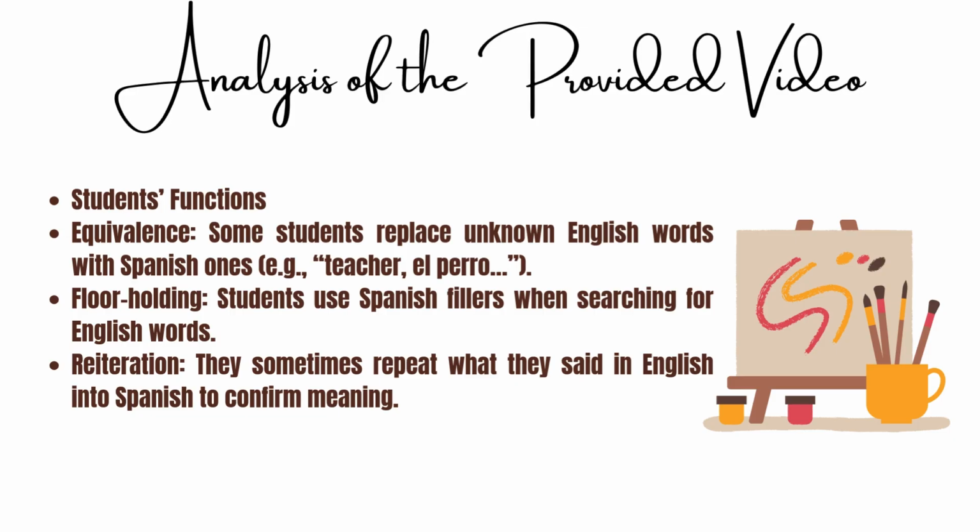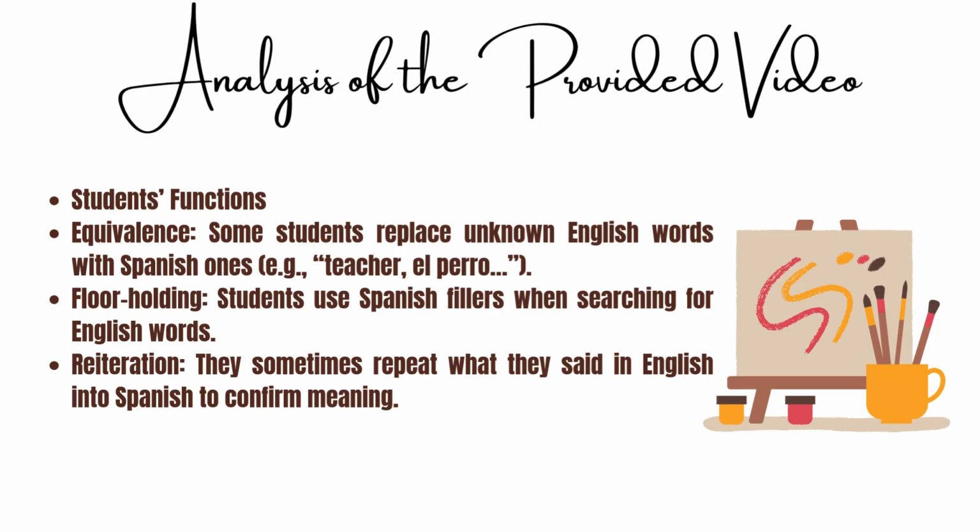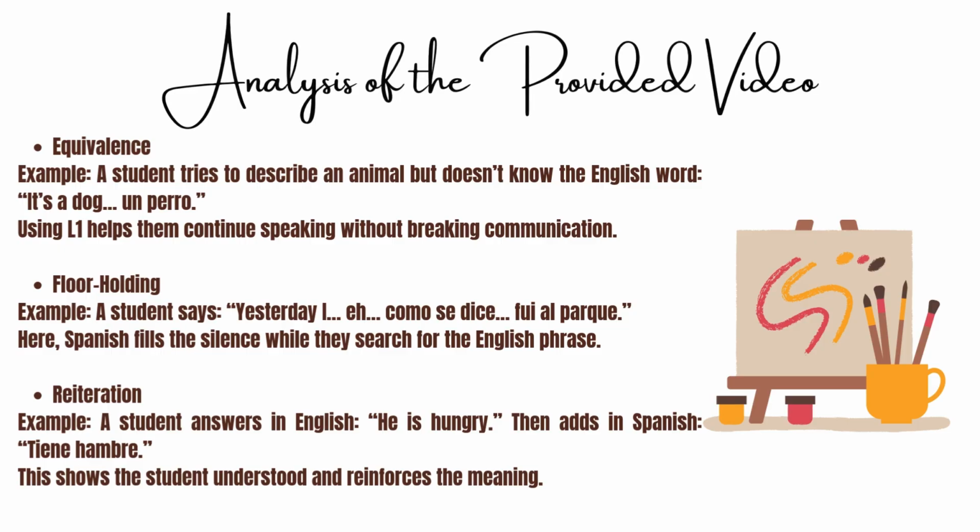Some that I could find were equivalence. For example, some students replace unknown English words with Spanish ones. Also, I can notice floor holding because the students use Spanish fillers when searching for English words, and I also could notice reiteration because they sometimes repeat what they say in English into Spanish to convey the meaning.